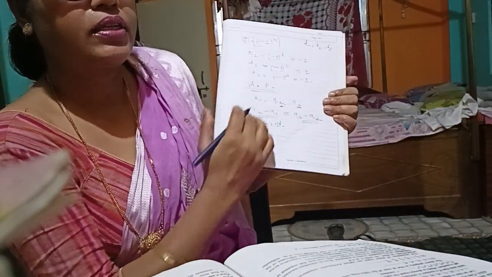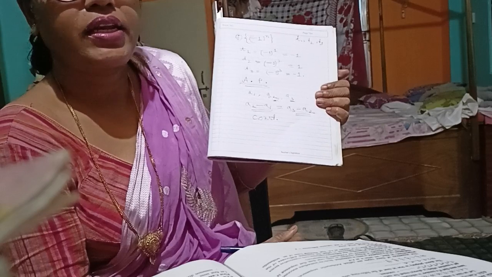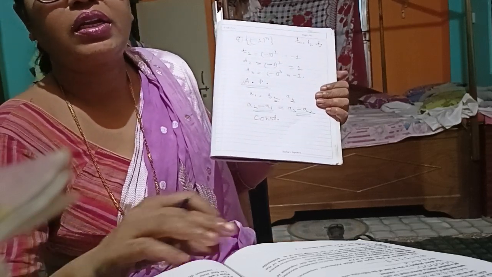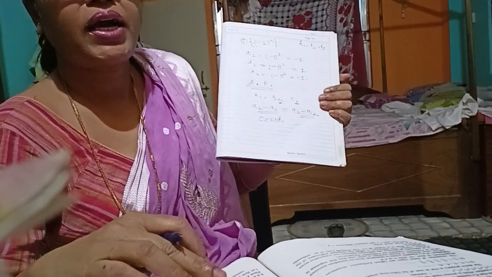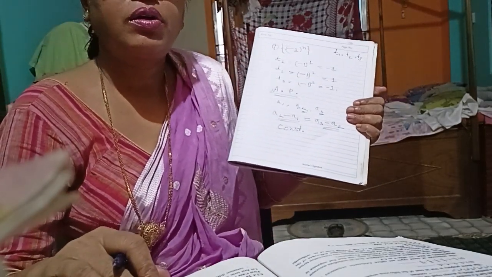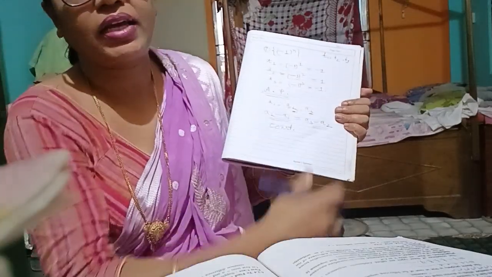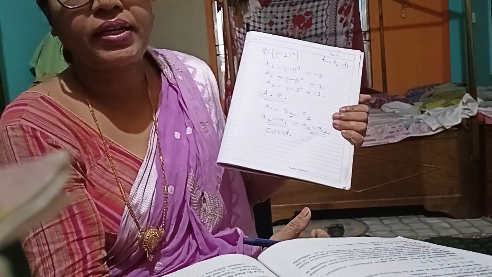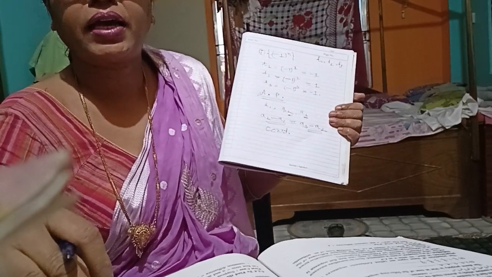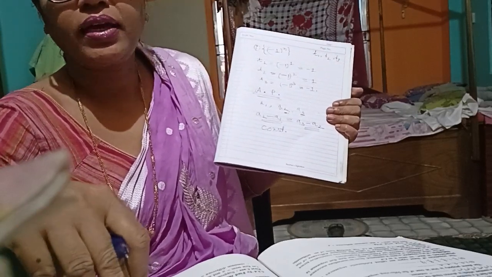Then this is known as arithmetic progression. Here also we find finite and infinite arithmetic progression. If you find the last term, it is finite; if you do not find the last term, it is infinite.